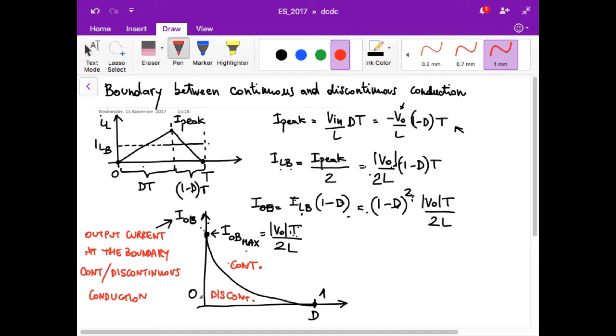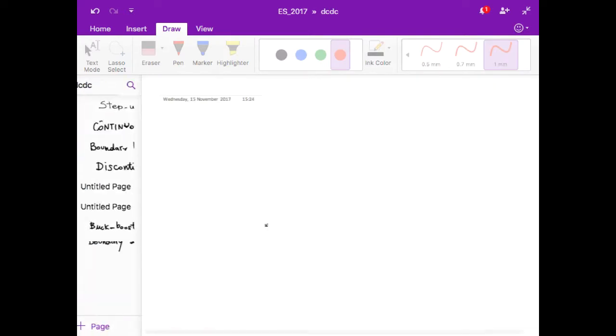In discontinuous conduction, remembering what we have seen in the other cases, we will also have a dependence of the duty cycle upon the output current. This is something that we can verify pretty rapidly.